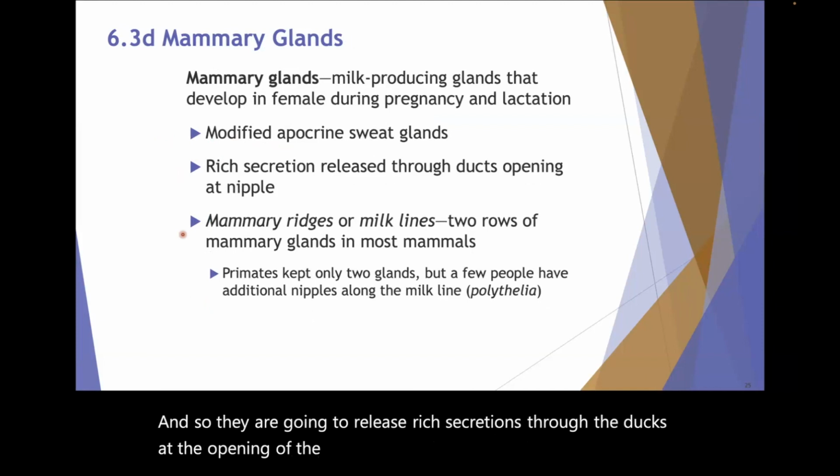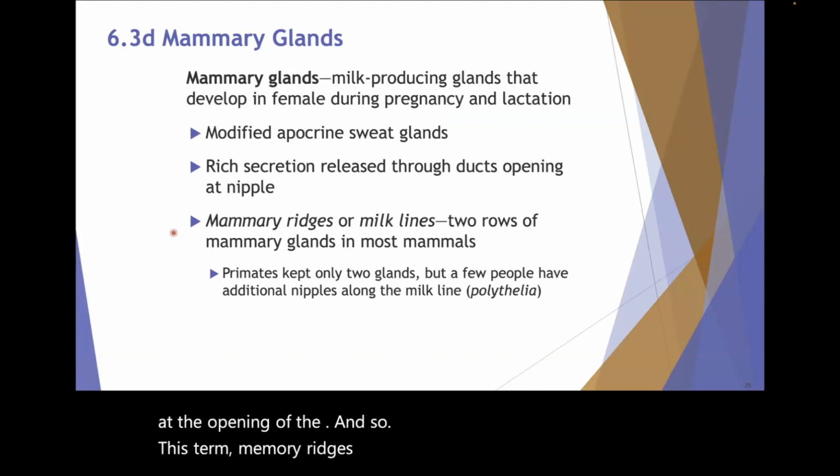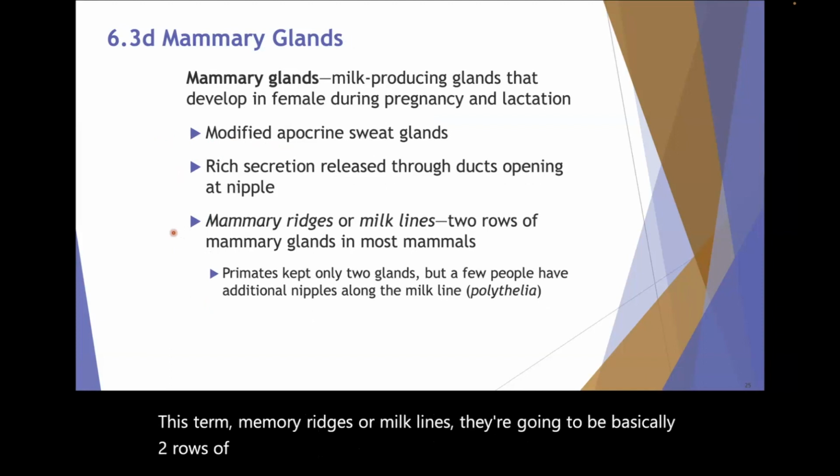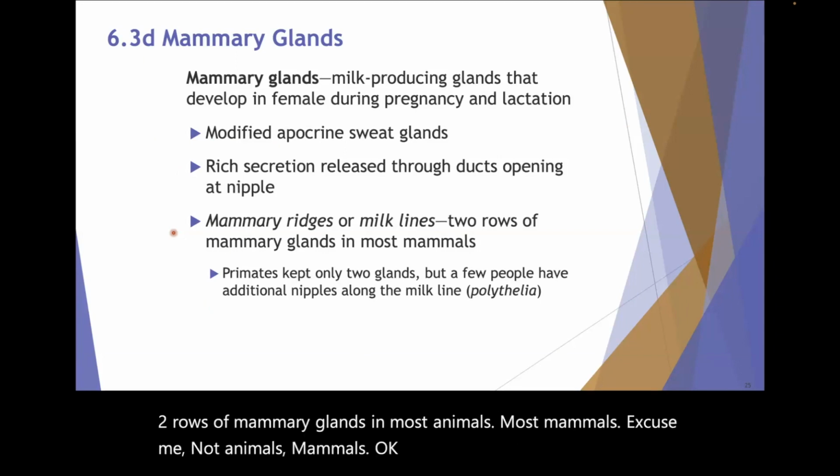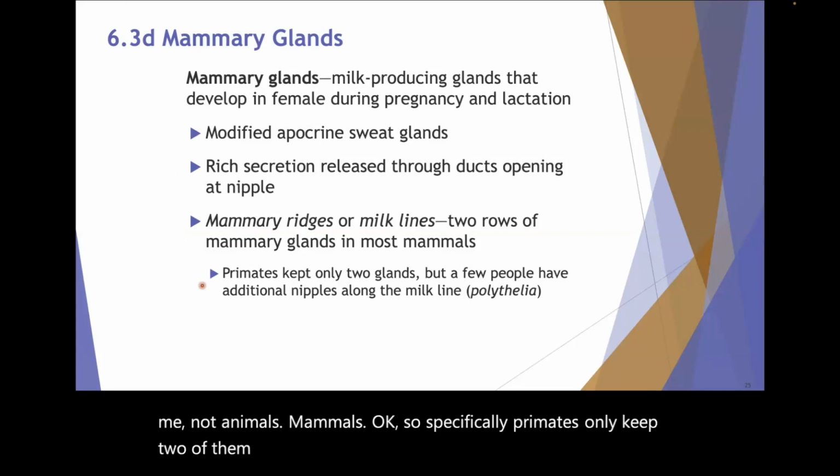So this term, mammary ridges or milk lines, they're basically 2 rows of mammary glands in most mammals, not animals, mammals, okay? Specifically, primates only keep 2 of them, but there are a few people who still have the line of nipples.